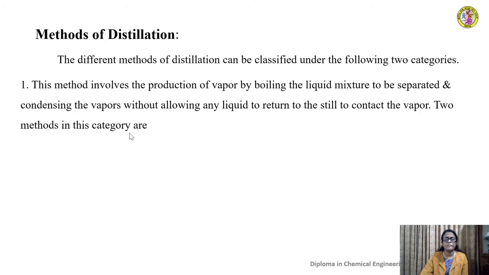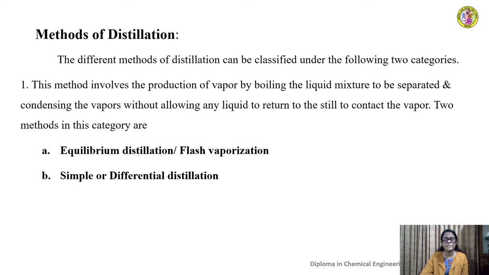Afterwards the vapor is separated and condensed, and that condensed liquid is taken out as a product without allowing any of that liquid to return to the still from which the vaporization is done to contact the vapor. Such methods of distillation are equilibrium distillation, which is also called flash vaporization.